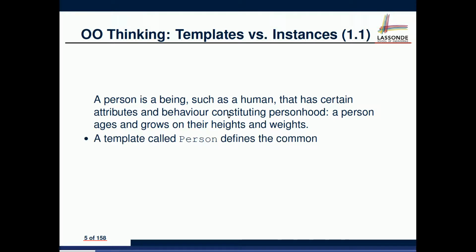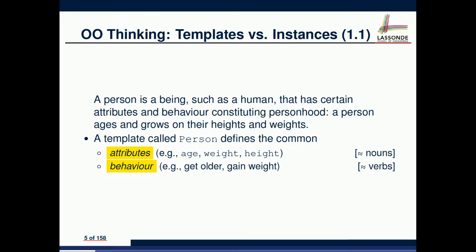Now we have a template. Basically, you can think of a class as simply a template. For person, it defines all the common attributes among the entities: the attributes here are age, weight, and height. We can also define the common behavior. How does a person get older? How does a person gain weight? The same way. However, applying the same behavior to different entities, you might have different consequences.